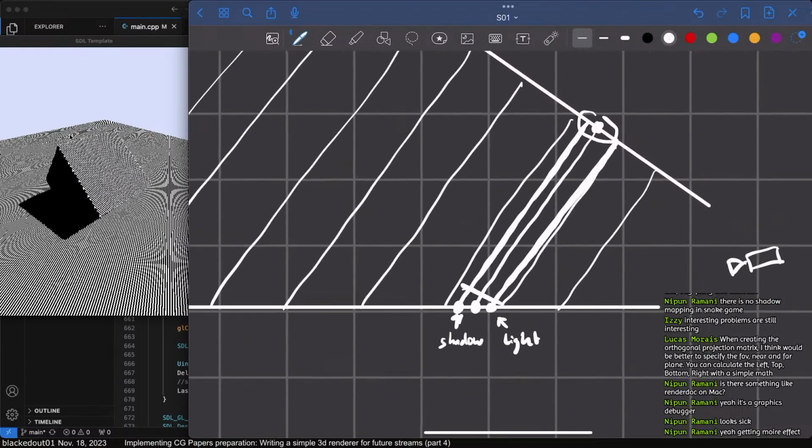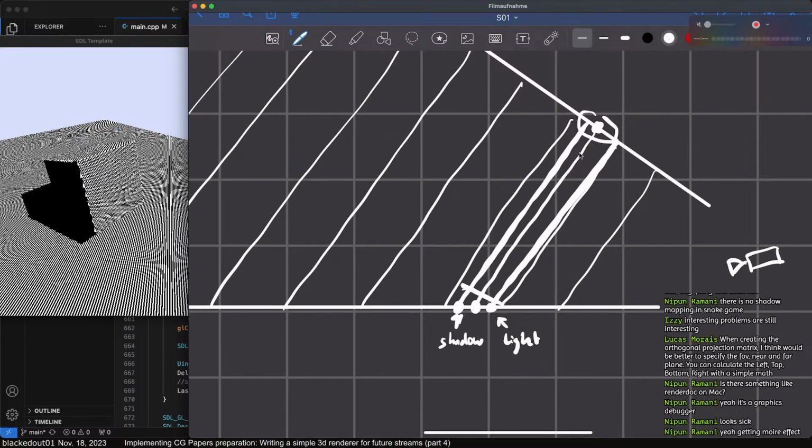So because the resolution of the texture is limited, we have some sort of self-shadowing, because the texture only stores the average depth value.